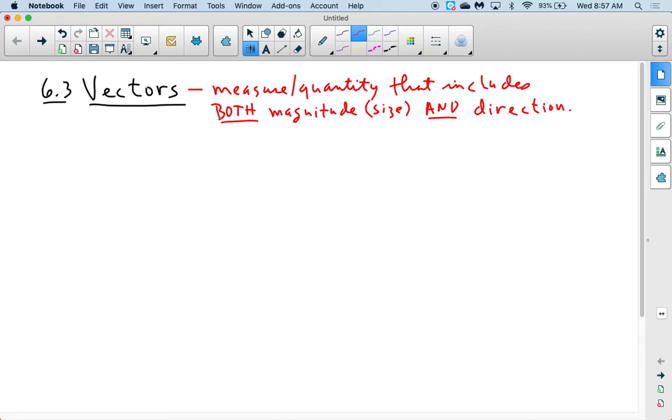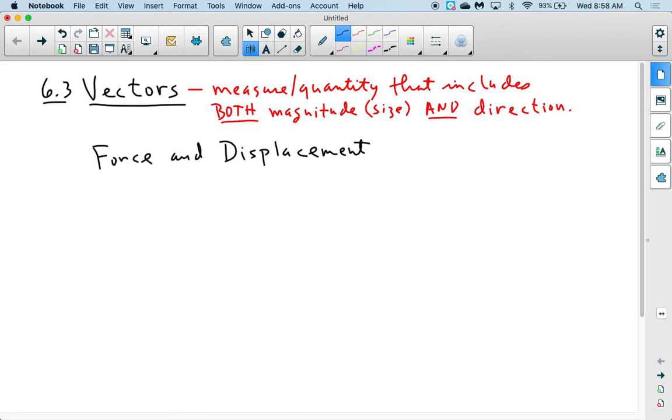Two very common vector quantities that you encounter in math, or maybe in physics in particular, are force and displacement. Now, there are all kinds of vector quantities and vector measures, but these are very, very common.